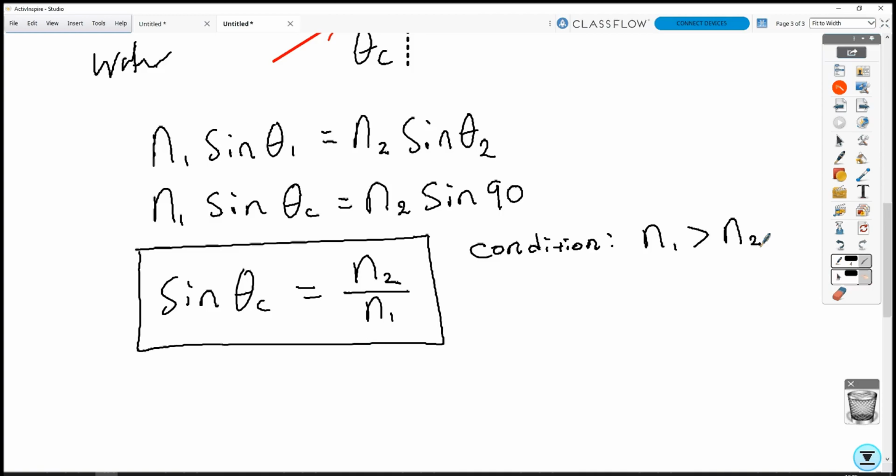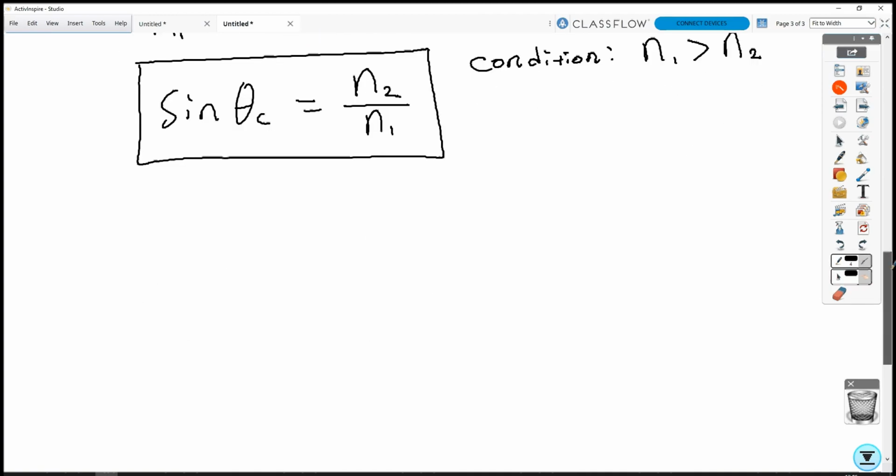If we increase the angle of incidence even further after that point, then we get a phenomenon called total internal reflection.